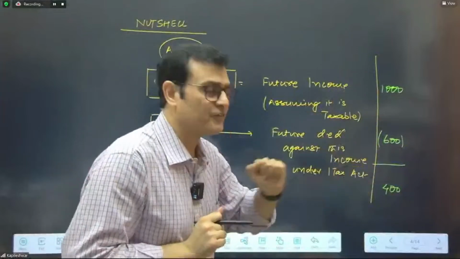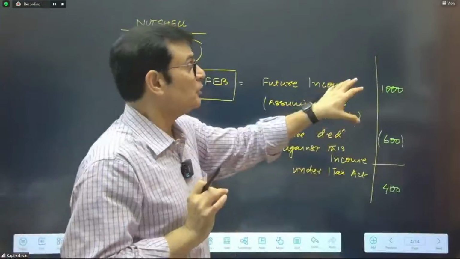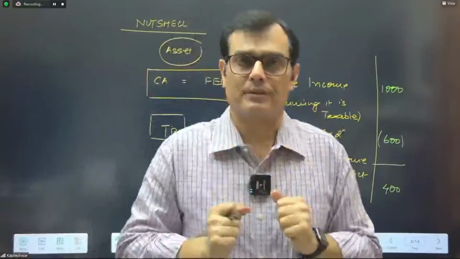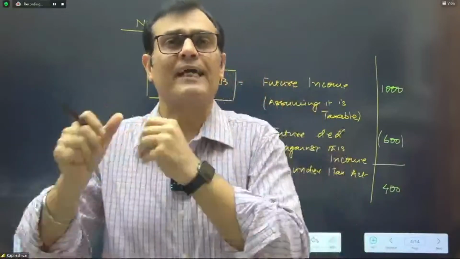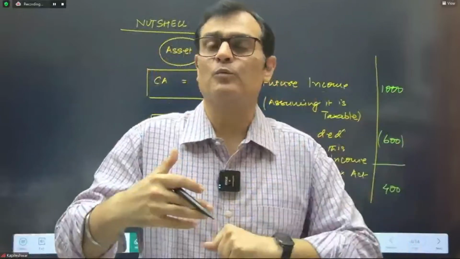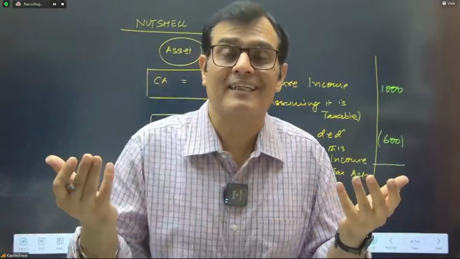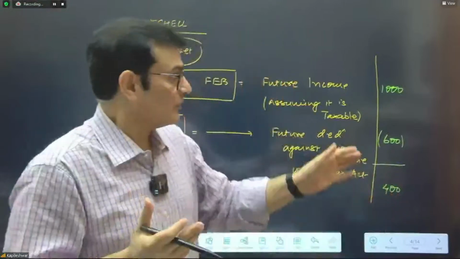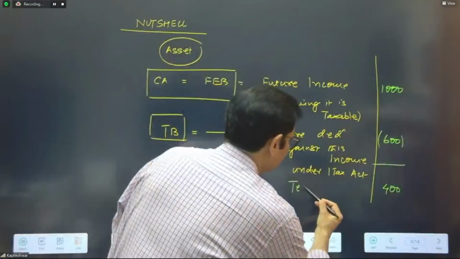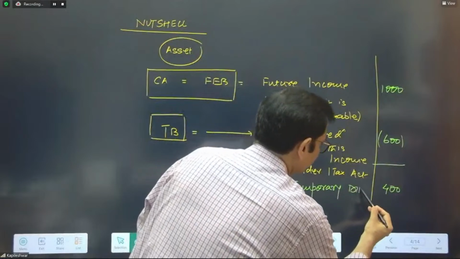This is a difference which is temporary in nature, because you might have got, let's say, lesser depreciation in accounts but more depreciation in tax. So today you've taken less depreciation in accounts, more depreciation in tax. Maybe in the future, of course, things will take a reverse direction. So the difference which is arising today is purely what we call a temporary difference. That's TD.